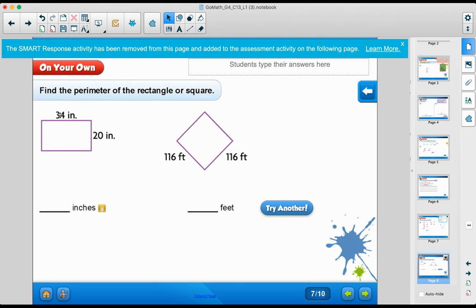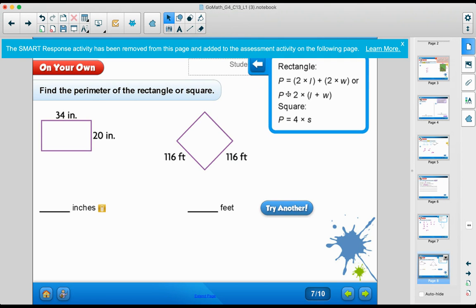The formula is P equals 2 times L plus 2 times W, or P equals 2 times L plus W. The perimeter for a square formula is P equals 4 times S. You're going to have to do this in your math book.